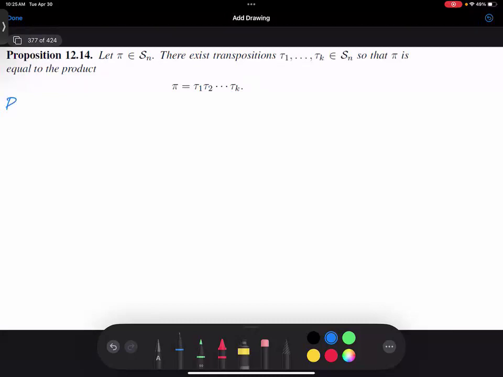So I claim, without loss of generality, we may assume pi is a cycle. Why can we assume pi is a cycle? Instead of considering a general permutation, why is it enough to prove it in the special case when pi is a cycle?